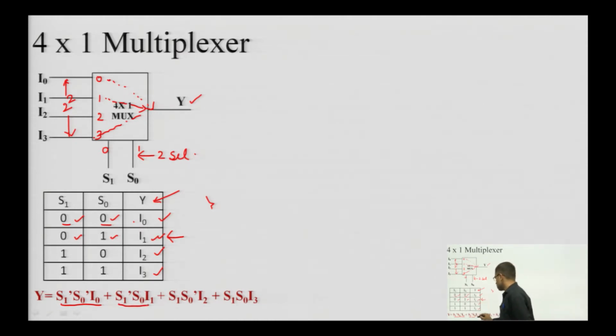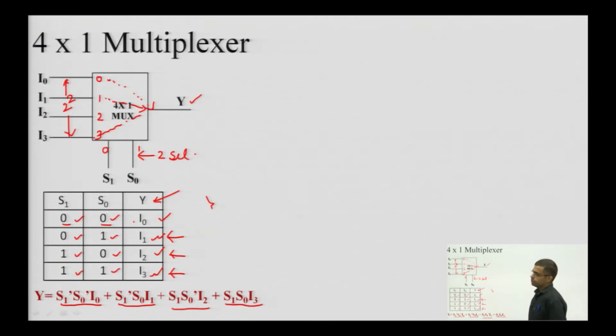For the third row, we have S 1, S naught bar into I 2. And for the last one, we have S 1, S naught into I 3. All these 4 expressions obtained from the 4 rows are added together to give a single output Y.